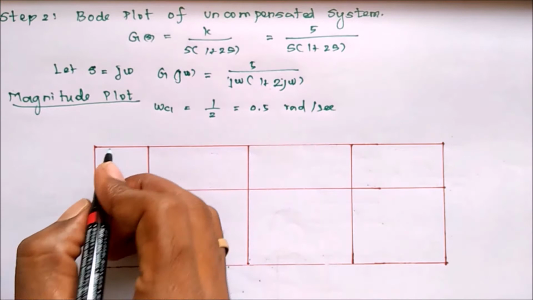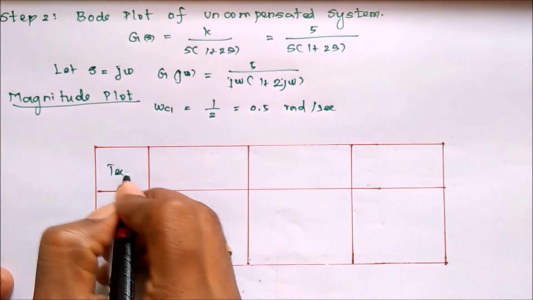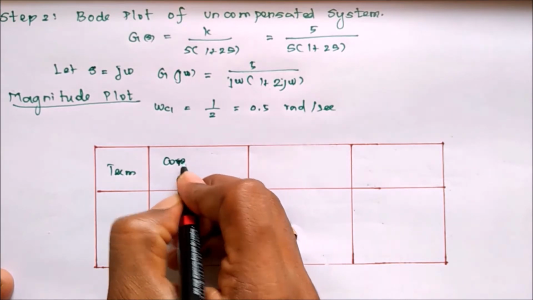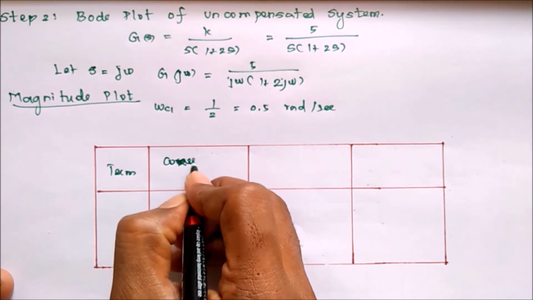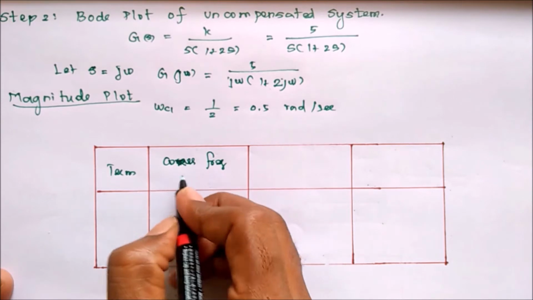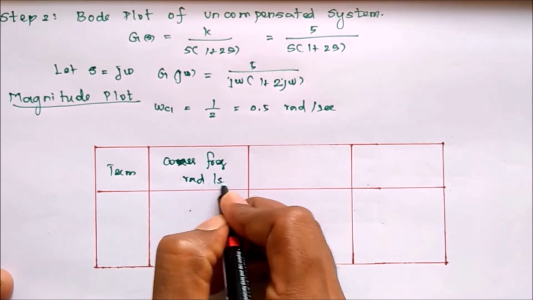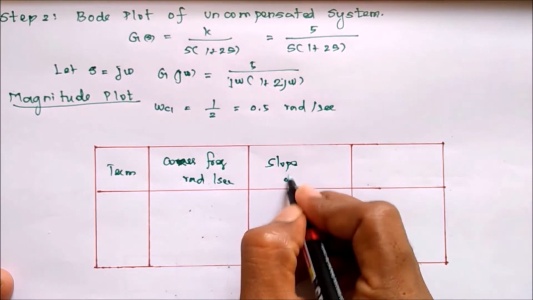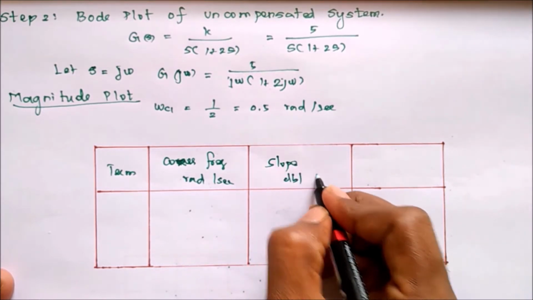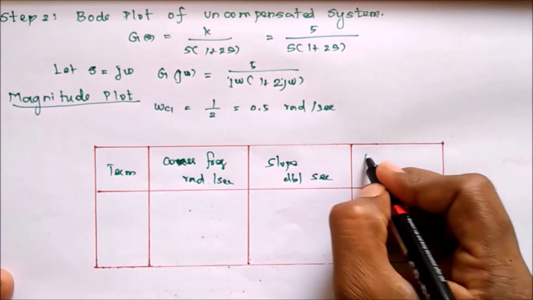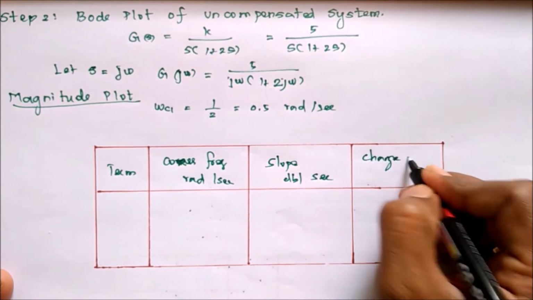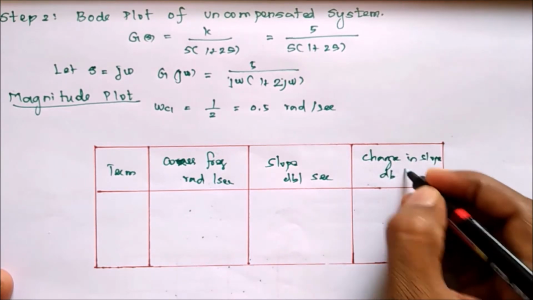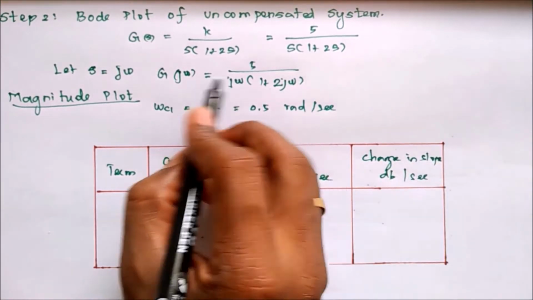Now in the tabulation, first we consider the term, next the corner frequency in radian per second, the third column is slope in decibel per decade, and the fourth is change in slope in decibel per decade.